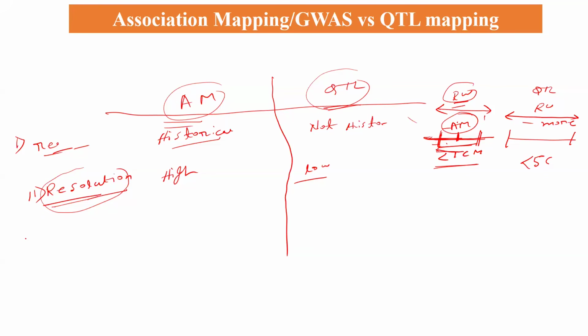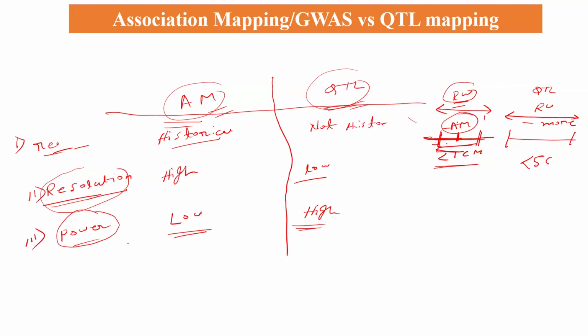And next is the most important, the power. In association mapping the power is low, but in QTL mapping the power is high. Why is the power low in association mapping and high in QTL mapping? First you should know what the power is for the identification of the significant SNP or marker at the QTL.